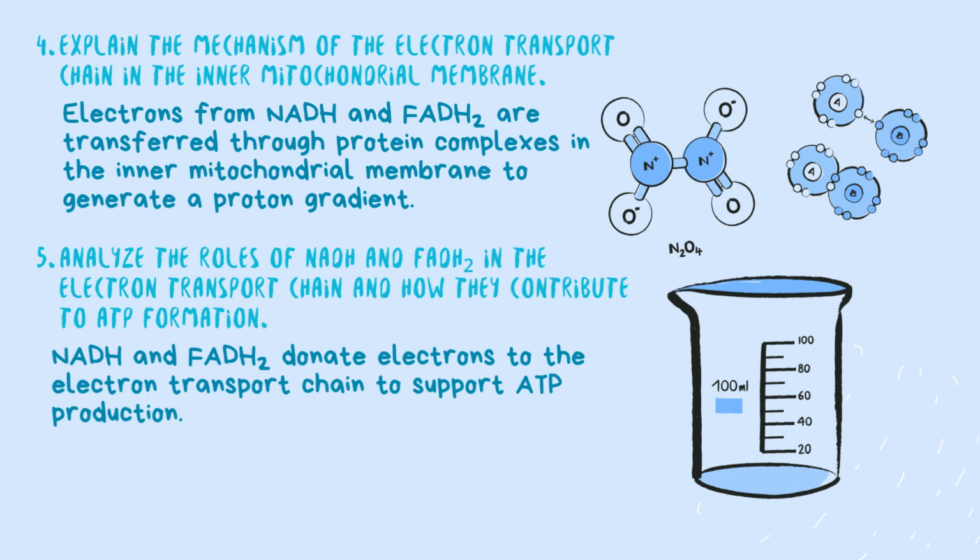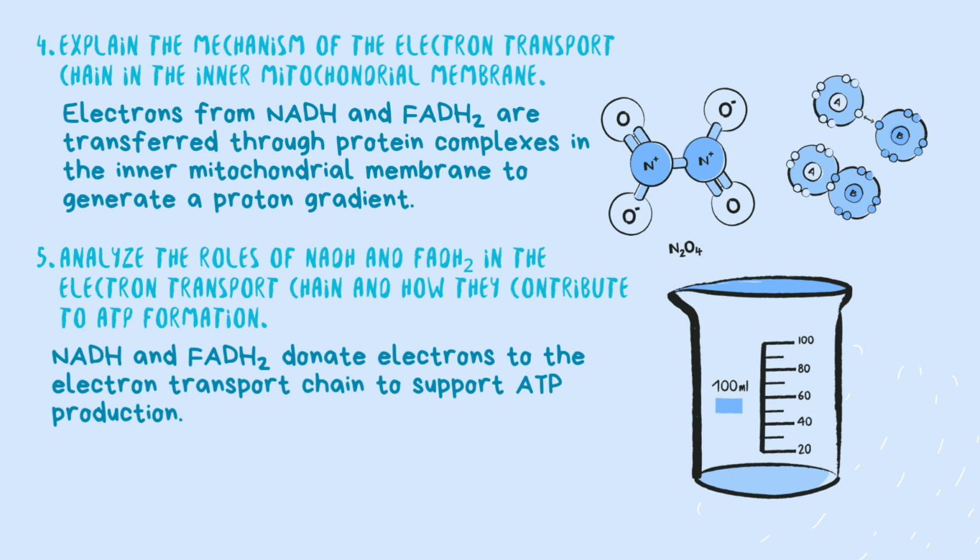Fourth, explain the mechanisms of the electron transport chain in the inner mitochondrial membrane. Electrons from NADH and FADH2 are transferred through protein complexes in the inner mitochondrial membrane to generate a proton gradient.